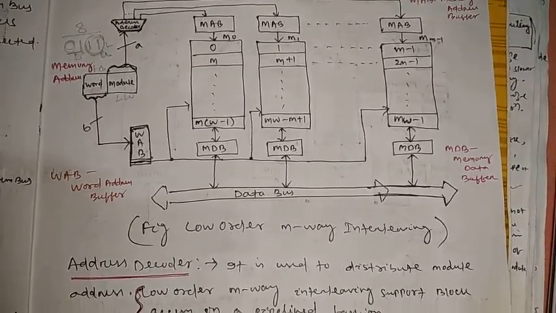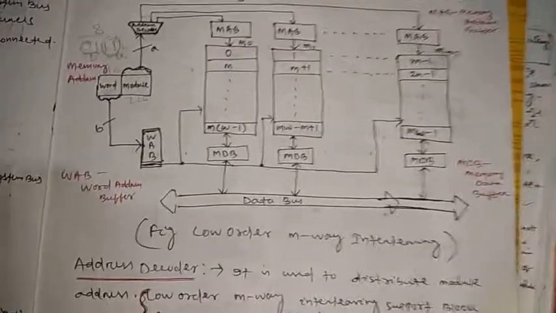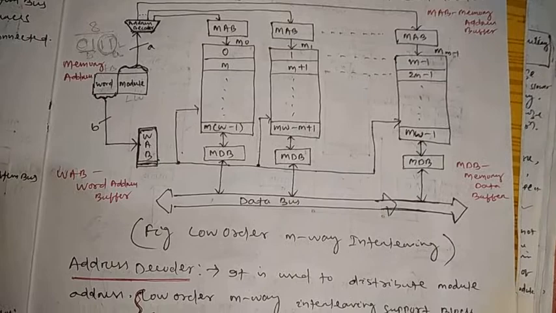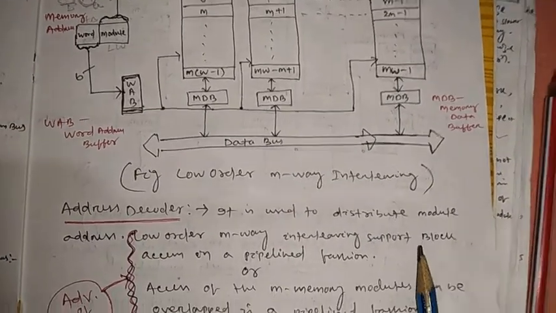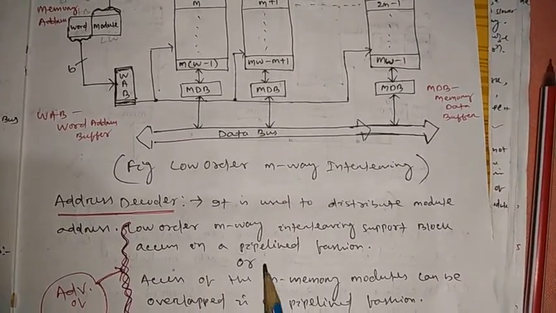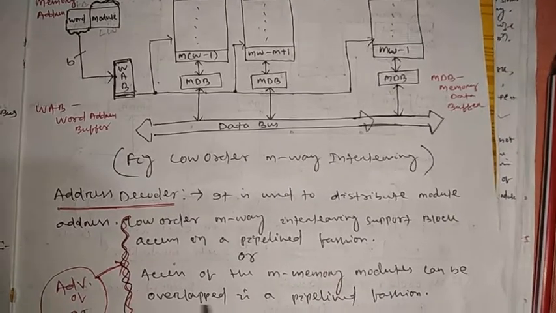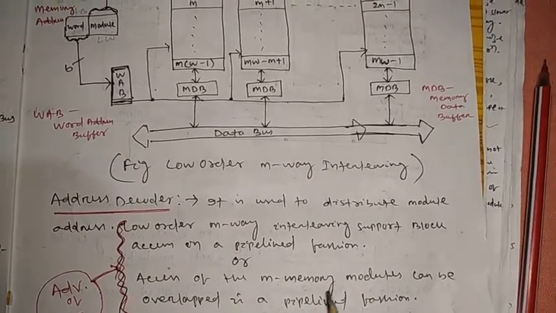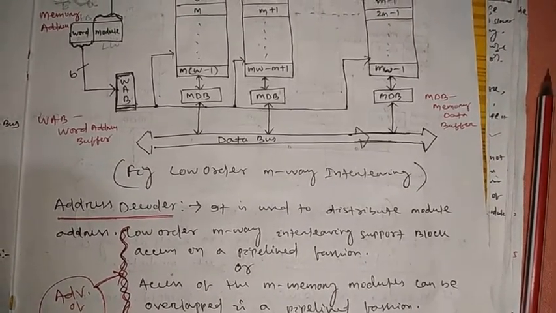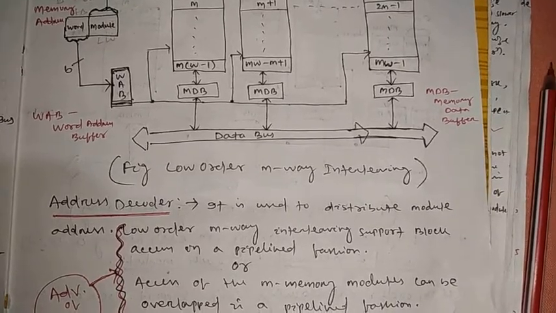Next, what is the advantage of low order interleaving? Low order M-way interleaving supports block access in a pipeline fashion, or access of the M memory modules can be overlapped in a pipeline fashion.